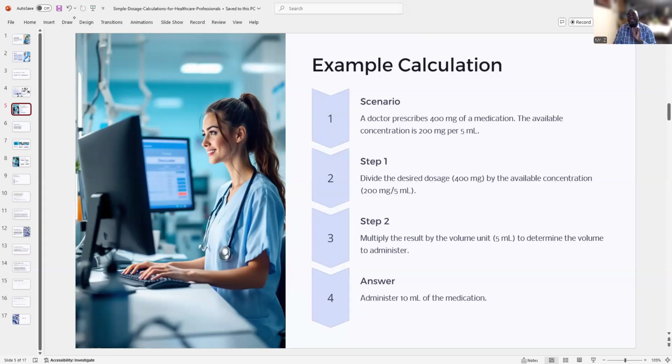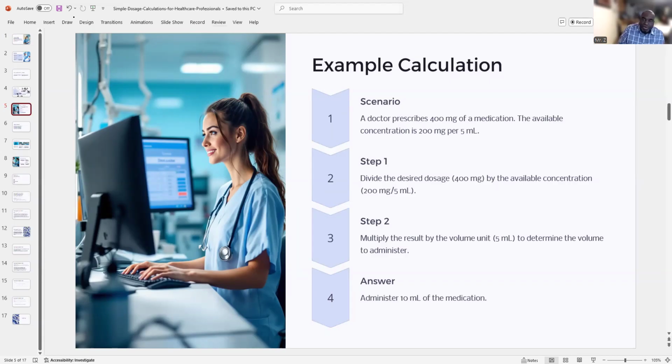Your dosage is going to be order times quantity divided by available. For any solid form of medication, your quantity is going to be 1. But for a liquid form of medication, a medication that has been dissolved, the quantity will be expressed by milliliter.